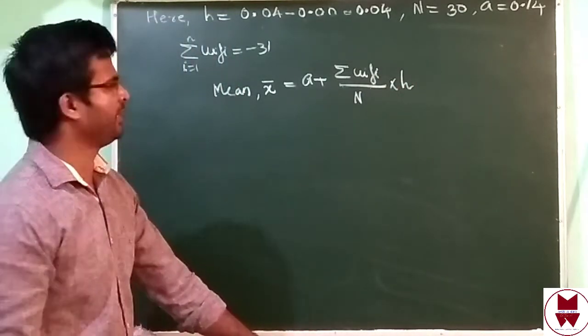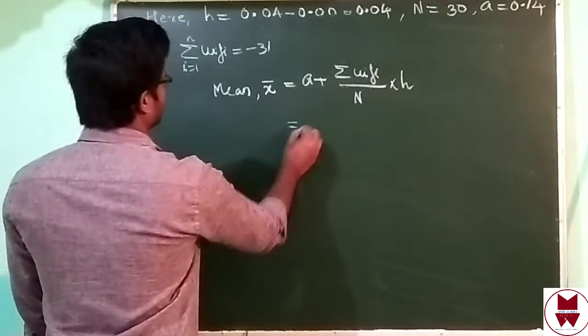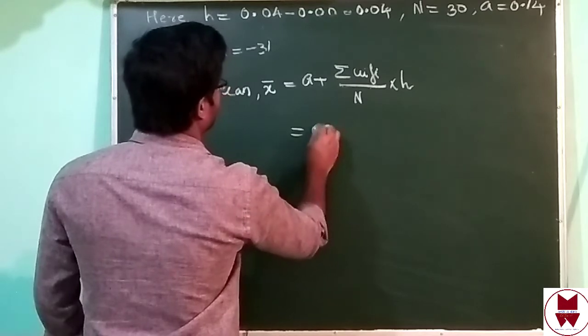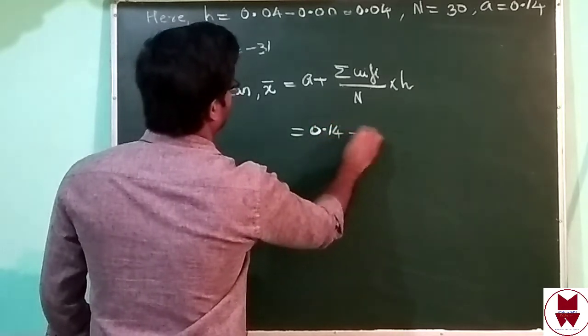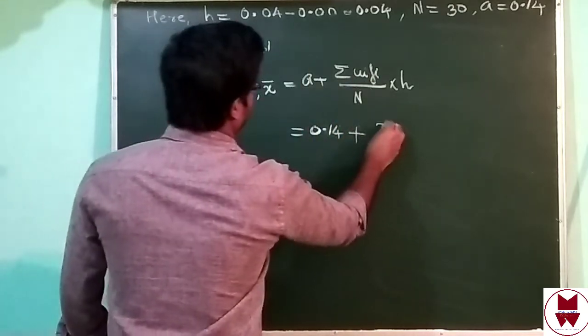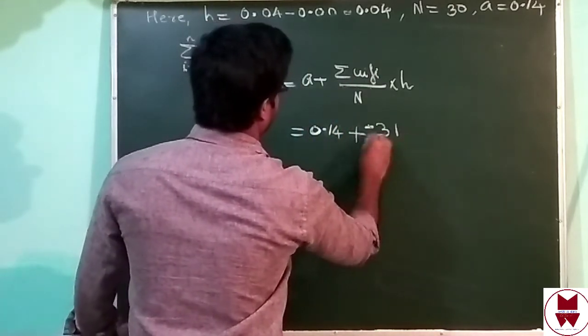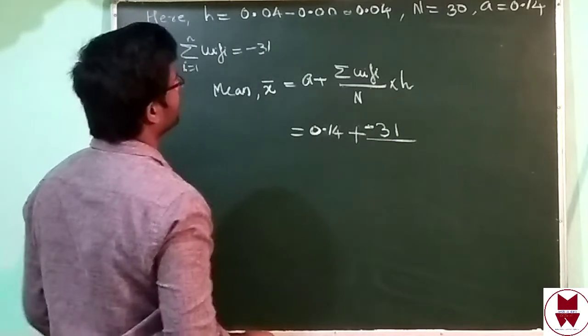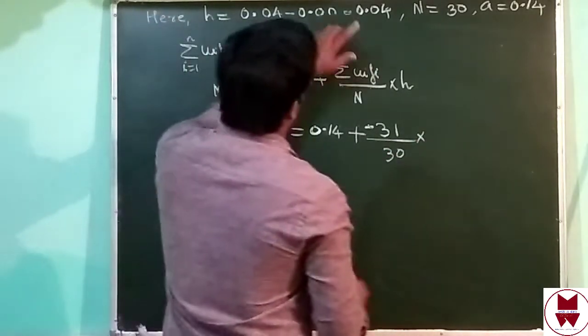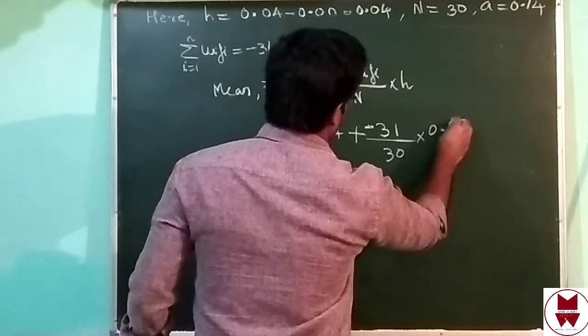Then apply all the values here. a equals 0.14 minus 31 divided by n is 30 into h, 0.04.